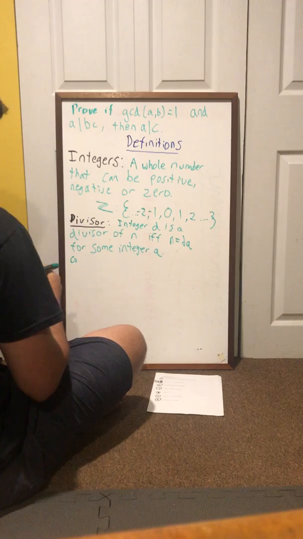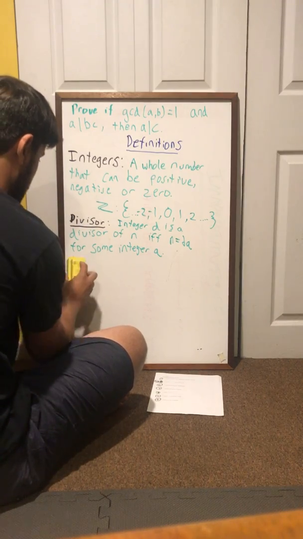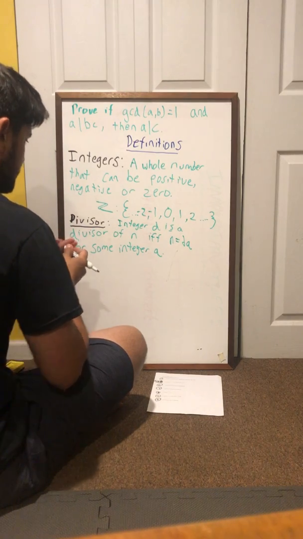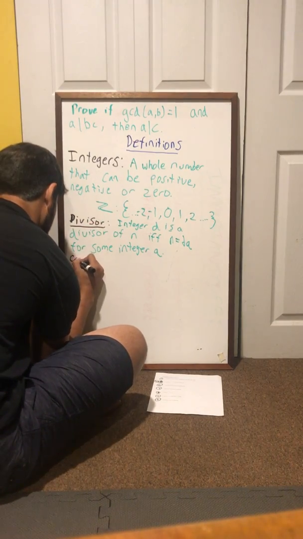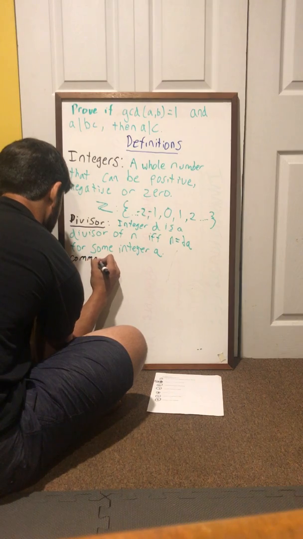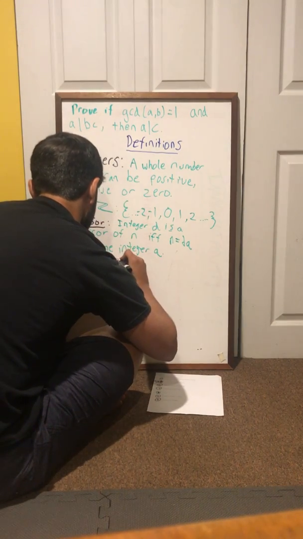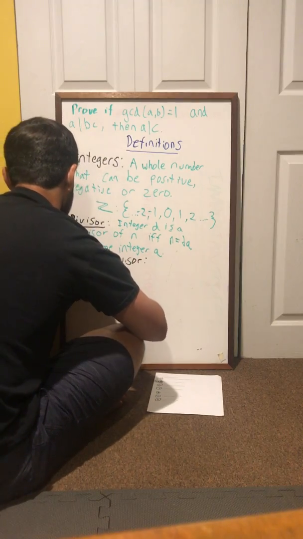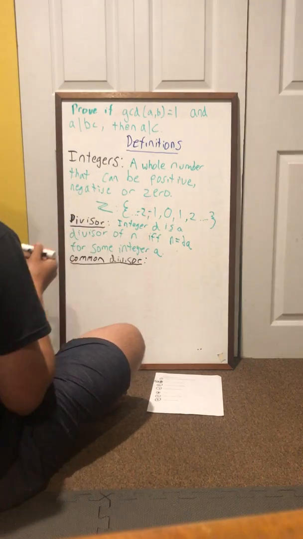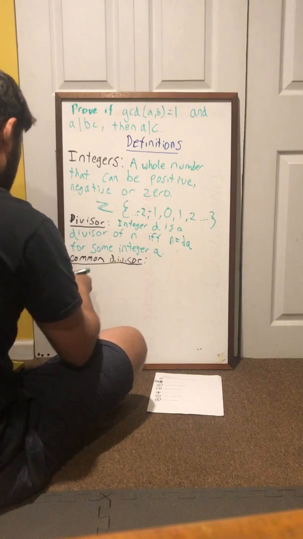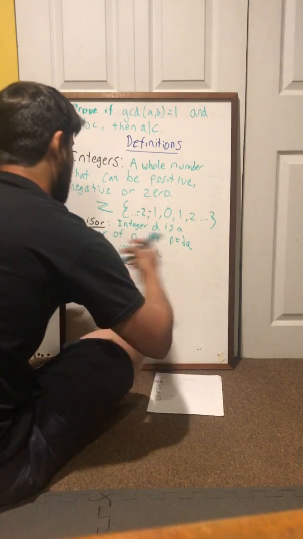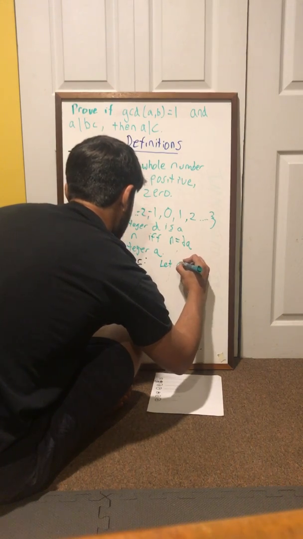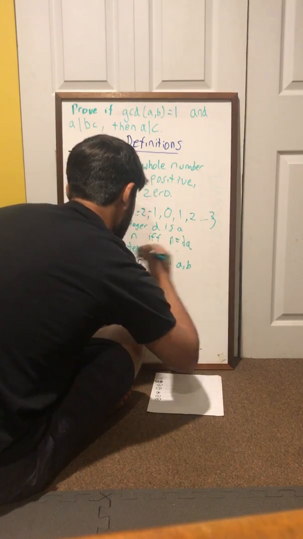I'm going to go back to that black marker. So the next definition, common divisor. And when we're defining common divisor, we're going to let A and B be integers.